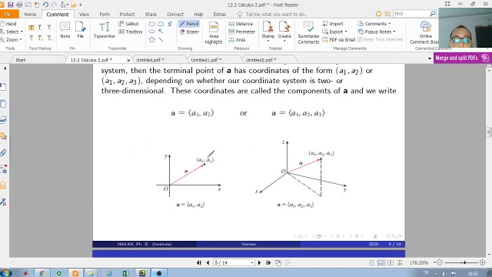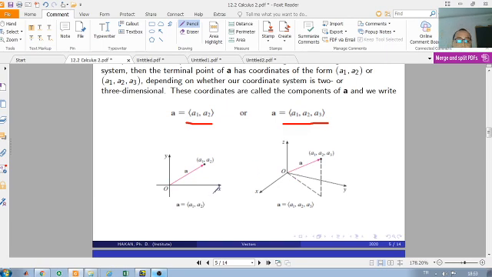You know, points are denoted in this form in open parentheses, but vectors will be represented in this notation, like this, in this form, okay? Not open parentheses. The symbols written here are used for representing a vector in a two-dimensional and three-dimensional coordinate system.